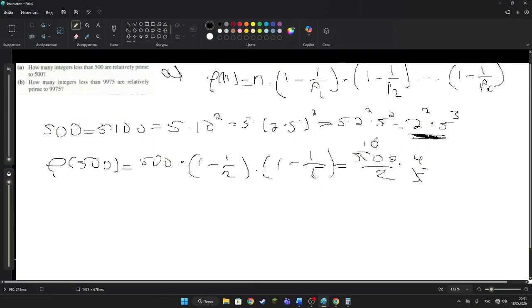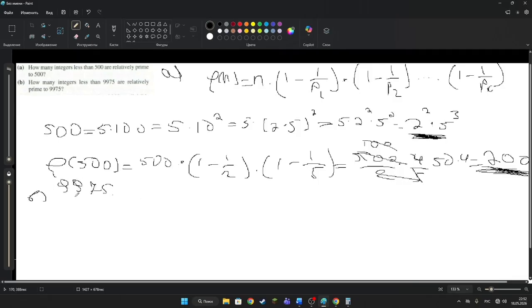It's gonna be 50 multiplied by 4. It's gonna be 200. So there are 200 numbers that are relatively prime to 500 and less than 500.